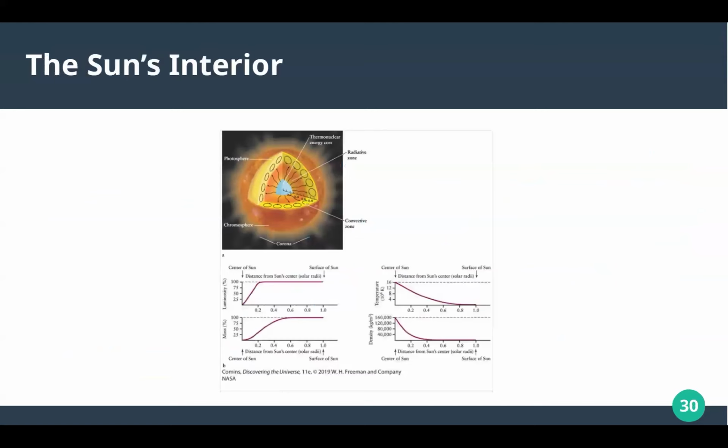The temperature goes from 16 times 10 to the 6 Kelvin to basically 10 to the 4th Kelvin as you get around 0.7 or 70% of the way to the surface, and the density goes to very small values compared to the center of the sun, about 0.4 or 40% of the way to the surface.